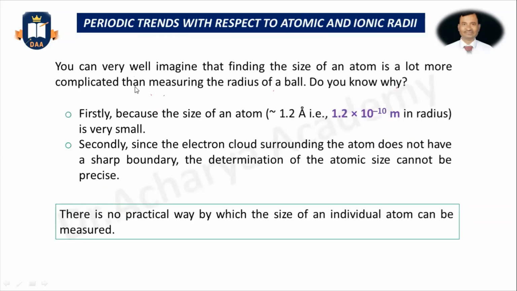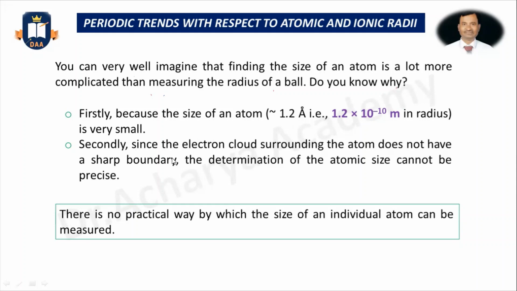Just to imagine the size of an atom, measuring its radius is so complicated. It is not simple like measuring the radius of a ball. Do you know why? First of all, the size of the atom, that means its radius, is about 1.2 angstrom, which is very, very small.